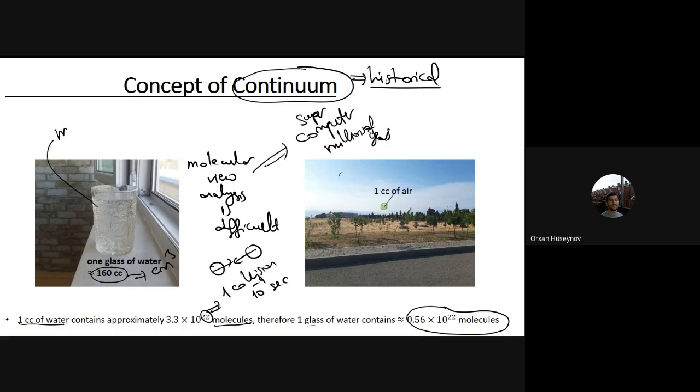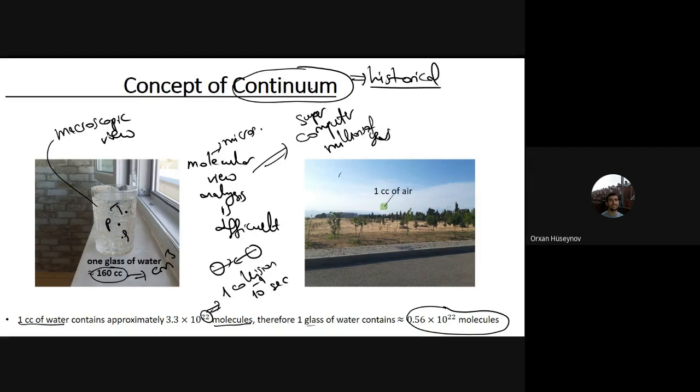This one is the macroscopic view, and the molecular viewpoint is the microscopic view. And if you are trying to understand what happens in this macroscopic view, for example, what is the pressure here? What is the temperature here? What is the density here? If you are trying to get these quantities from the molecular point of view, it is very difficult. And I said, even with supercomputers, you will need millions of years.